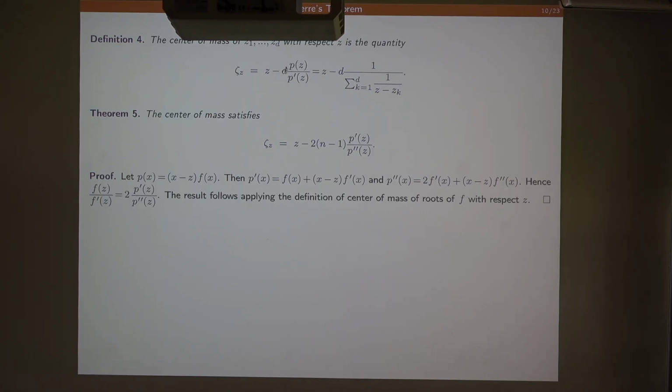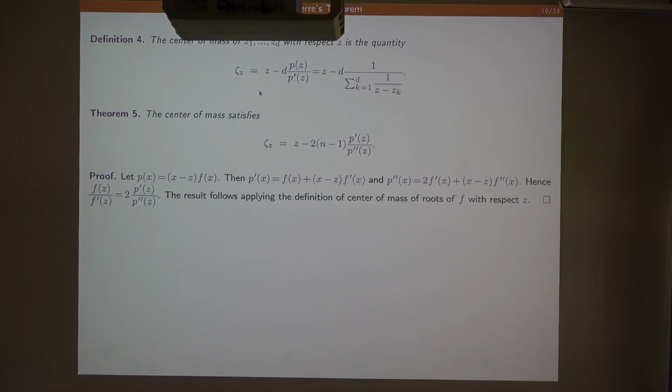Here you add D for the center of mass. And P'(Z) over P(Z) equals this quantity, as we have seen in the Gauss-Lucas theorem.